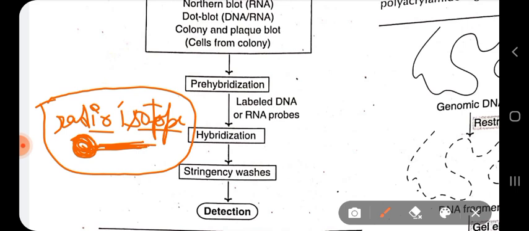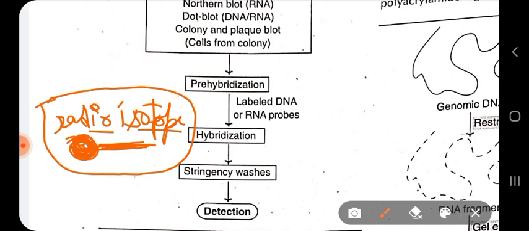And as these probes are tagged with certain agents, say a radioisotope, the place where the probe binds with the DNA, the tag also gets bound at that site, and that can be detected easily. So they allow a specific sequence of DNA or RNA to be identified in a mixture.